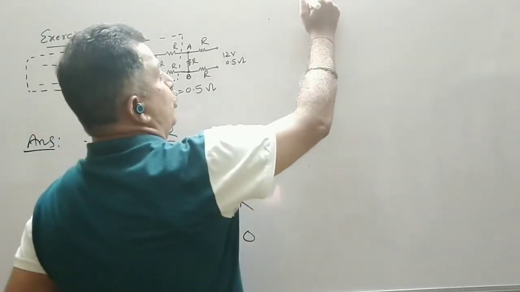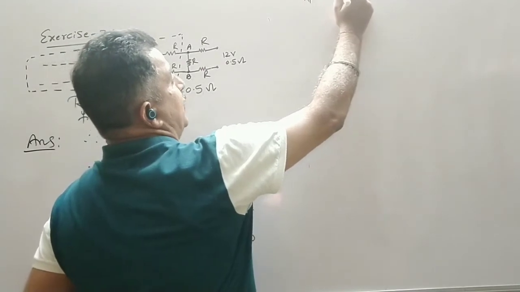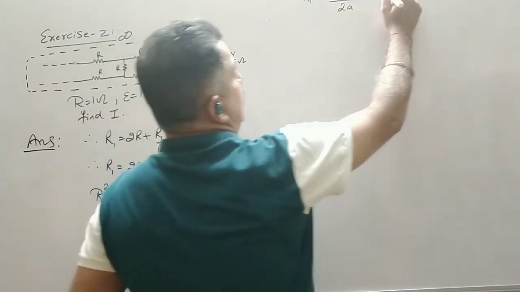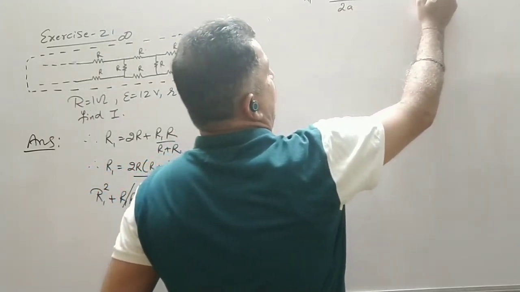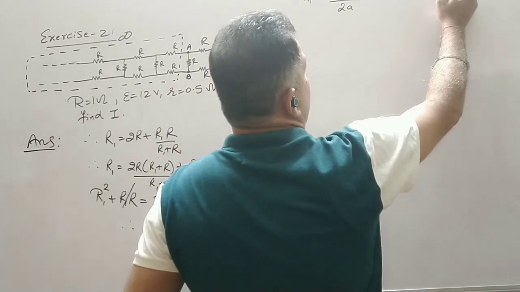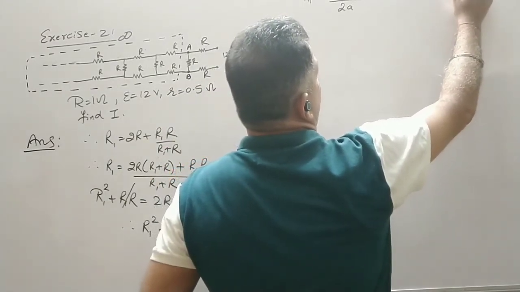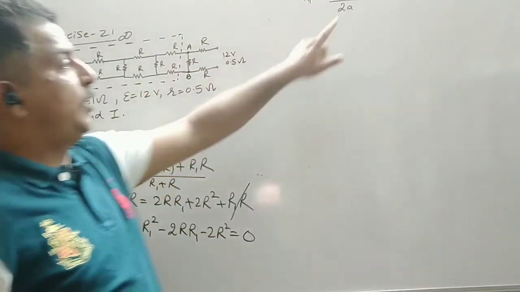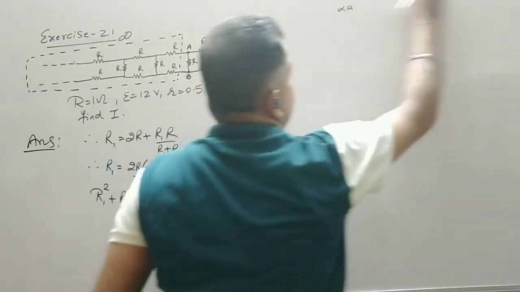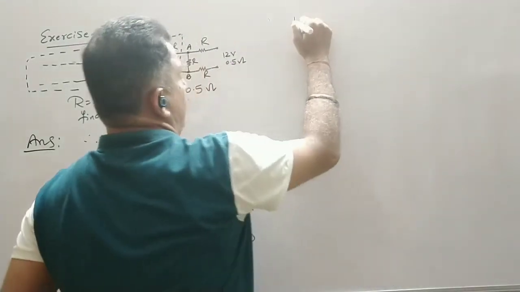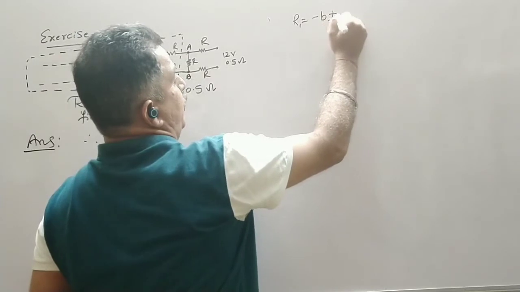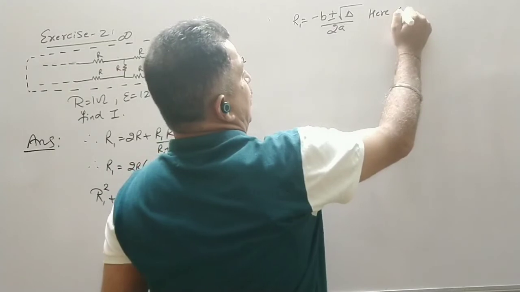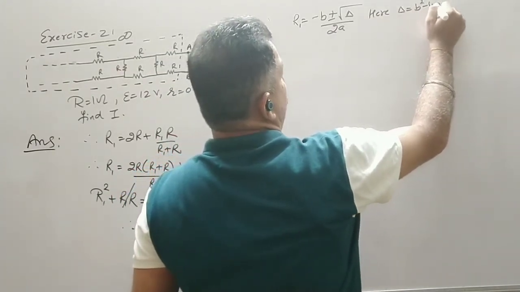So R1 value will be equal to minus b plus minus under root delta upon twice a, where delta is equal to b square minus 4ac.